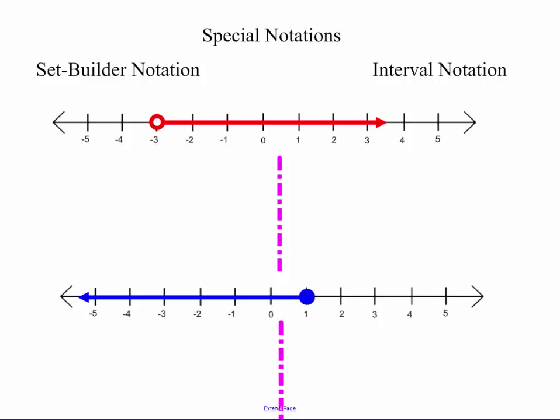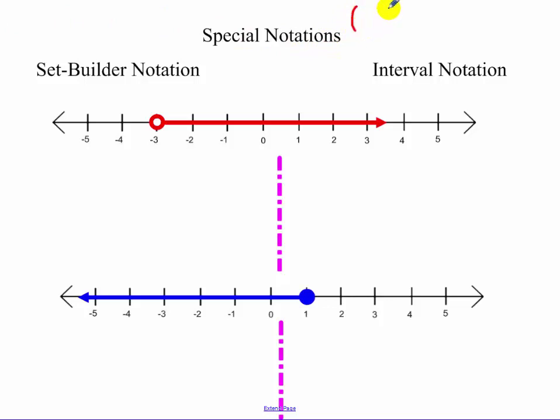Okay, as I was talking about earlier in this section, there are two special types of notation that I really want you guys to know leaving this class. Set builder notation we're going to be using a lot in later chapters when we talk about domain and range. I've kind of already talked about that. But interval notation is putting numbers in between brackets or parentheses.